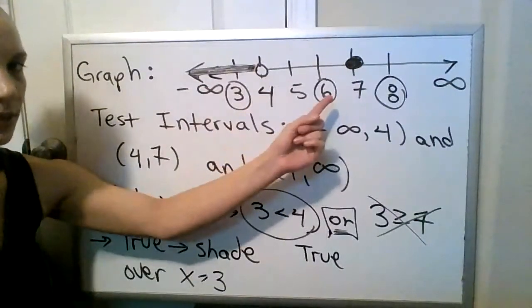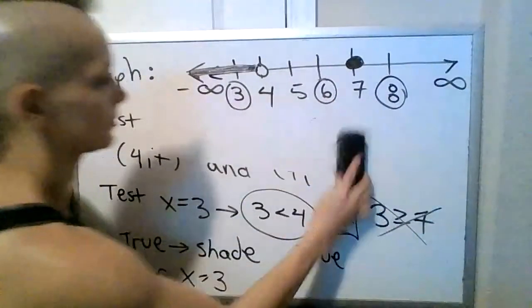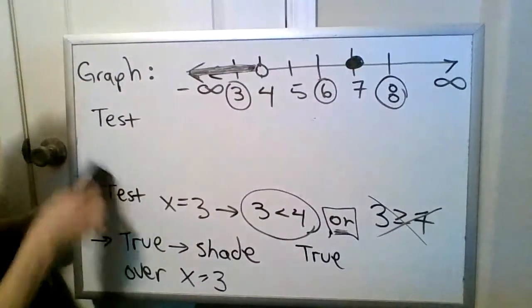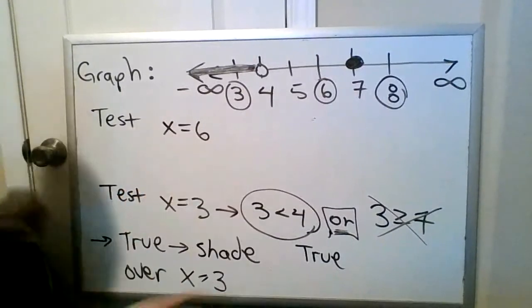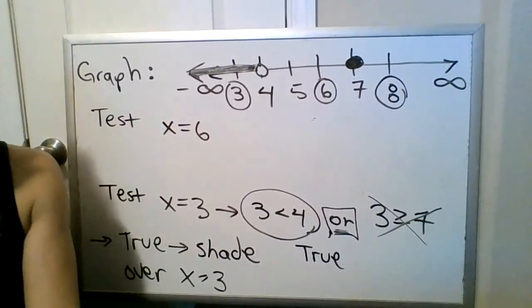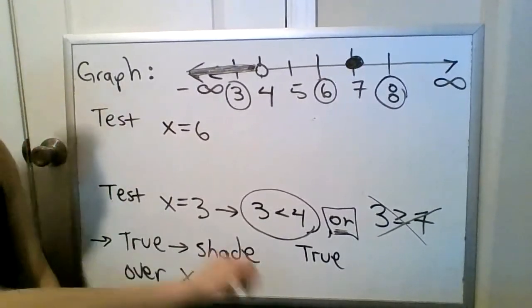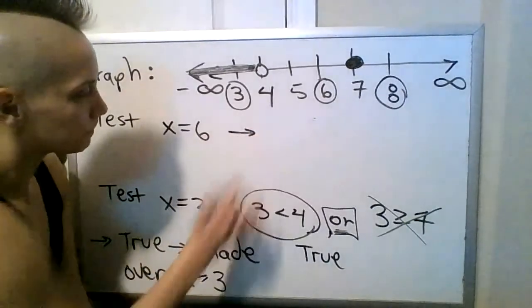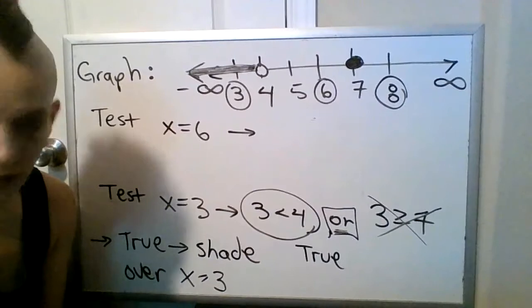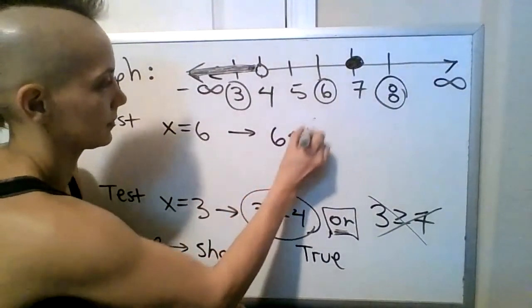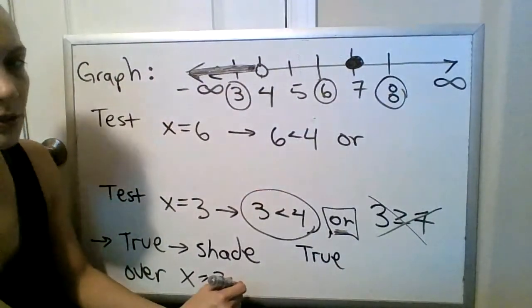We're going to test x equal to 6. Okay, so we want to use the first part, 6 less than 4, or the other part, 6 greater than or equal to 7.